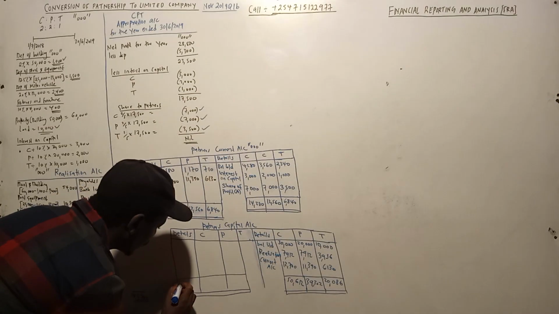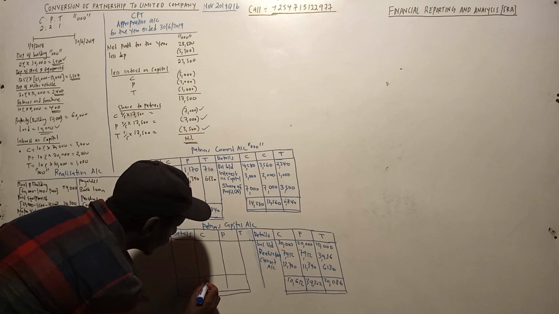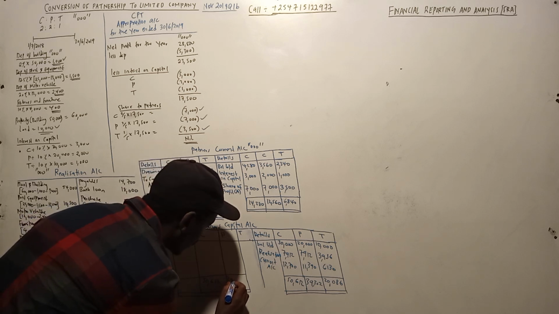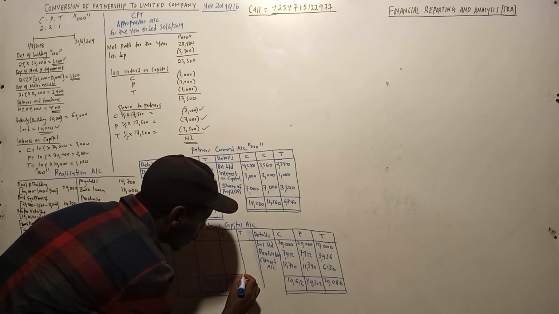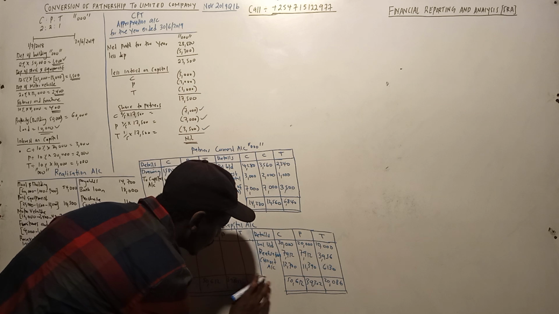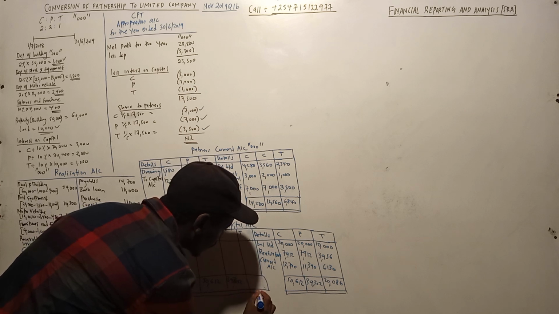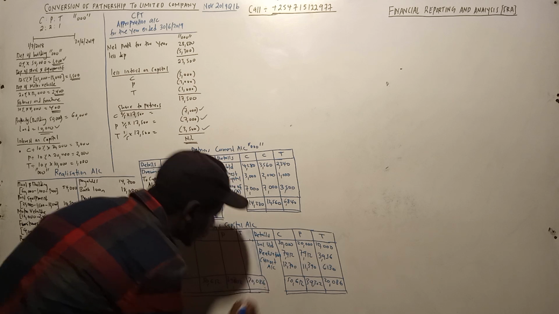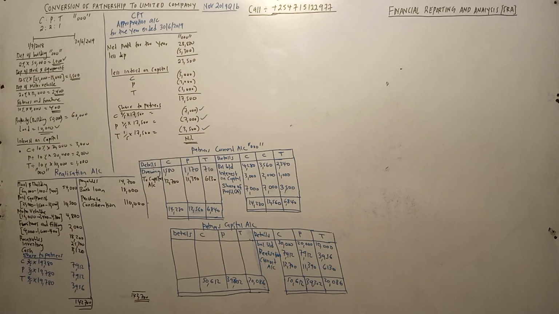So on this side also 50,612, 39,302, and the other one is 20,086.